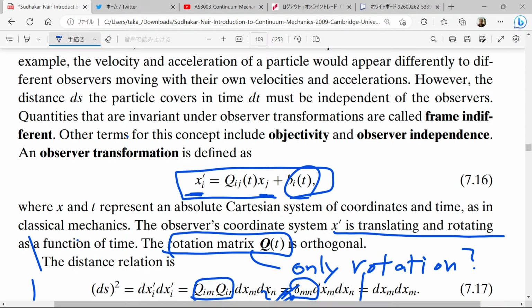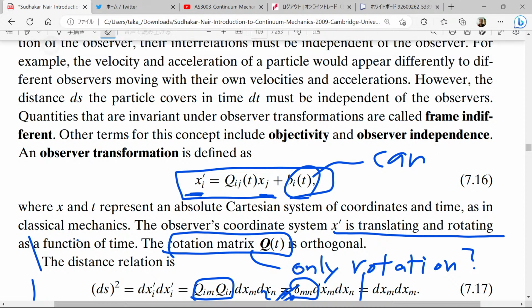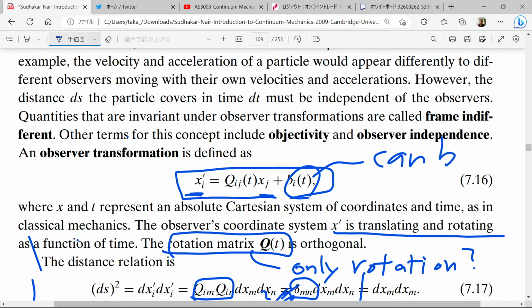It can be a curve. It doesn't have to be a line. So I think that's it.